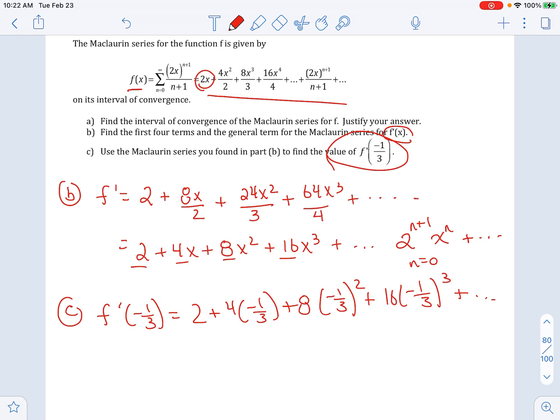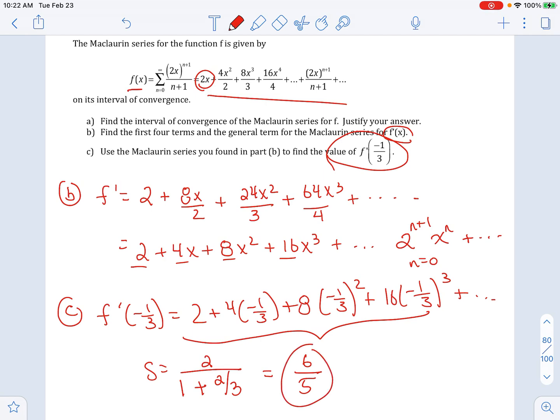If you look at this series, what we should recognize is that this is a geometric series. So the sum of a geometric series is a over 1 minus r, and notice your r is actually negative 2/3 because you're multiplying by 2 and the negative 1/3. So this is your sum, and if I simplify it, I get 6/5.